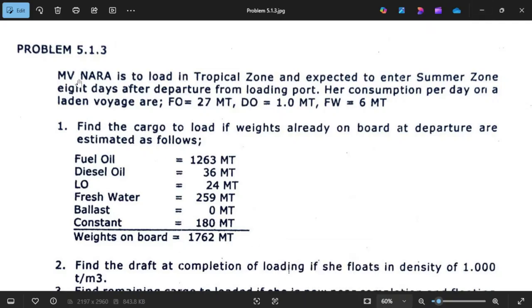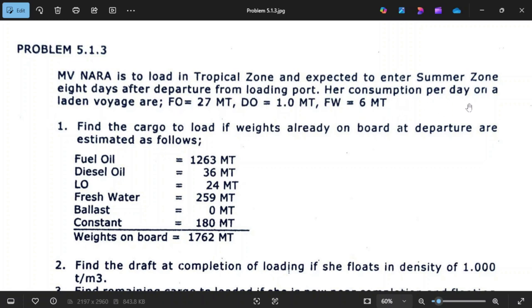This is problem 5.13, and the vessel is Nara, is to load in a tropical zone and expected to enter summer zone 8 days after departure from loading port.